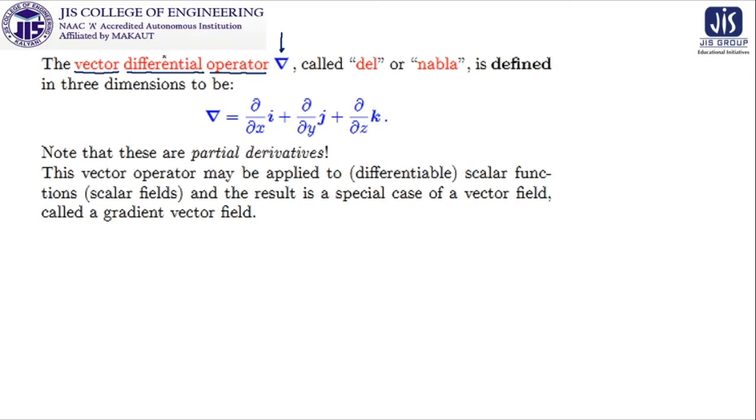Differential operator. And what is the specification on this differential operator? It is linked with vector. That means a vector concept is required in this operator, whose notation is like this, which is called del or nabla, and it is defined, if we are considering three dimensions, that means x, y and z.